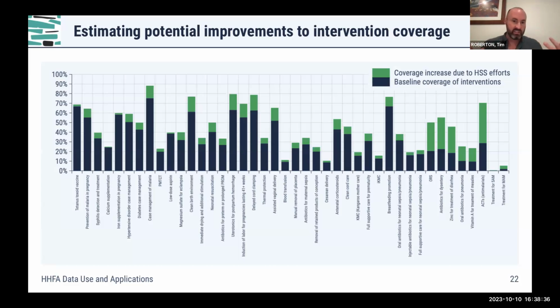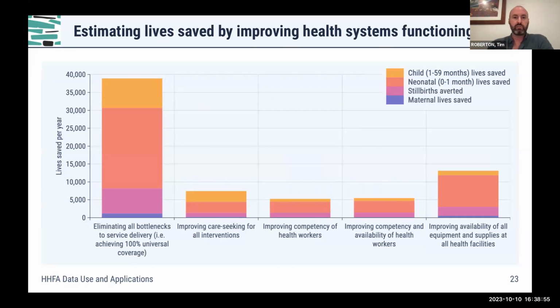So again, with this data, we can do so many things. And I think this modeling around what we can do to potentially improve service delivery is a really powerful application of that. And I think there's a lot of appetite for that right now. And I think hopefully we'll do more of this in the future. And on the very last slide here, we've taken those modeled estimates of potential improvements to intervention coverage.